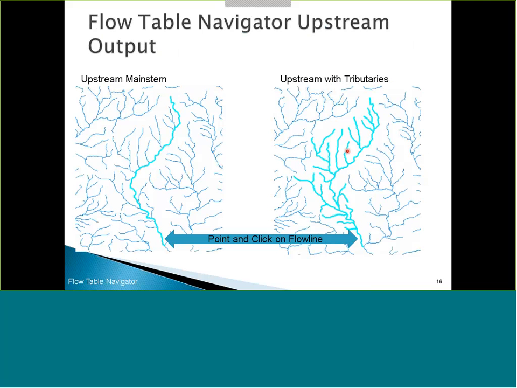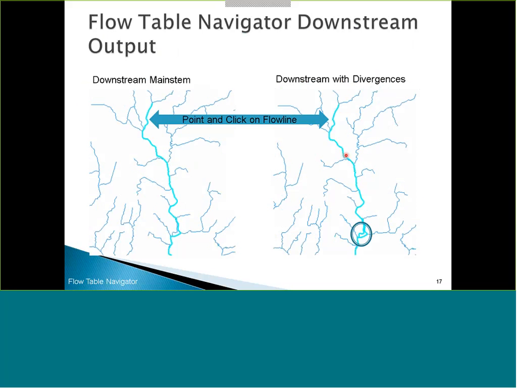You pick a tool, you click on a flow line with the tool, and you go upstream main stem, upstream with tributaries. You go downstream main stem, downstream with divergences. So these results look exactly like what you would get with the VAA navigator. There are no stop conditions for the flow table navigator. There are no start options either.